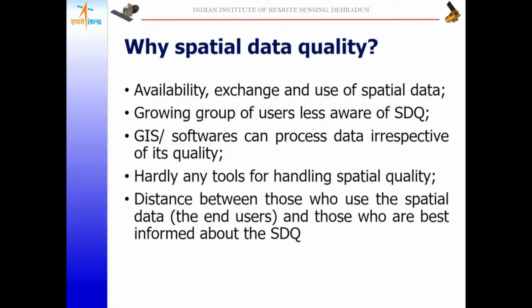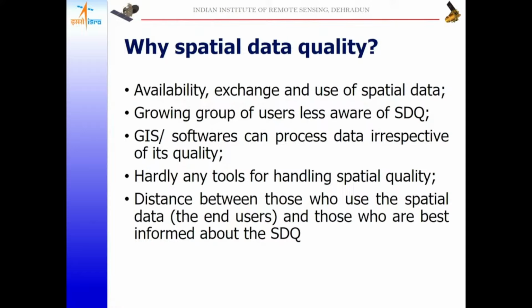Then, GIS software can process data irrespective of its quality. Whatever GIS software is presently available, you put in the input, do some analysis, and it provides you some output. But it does not tell you whether it is good quality data or not.